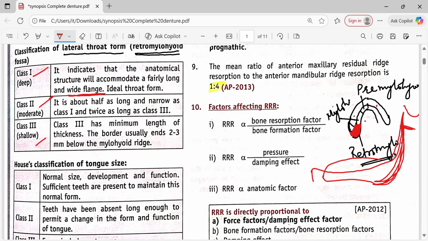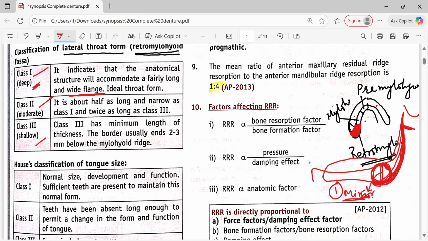So this muscle will produce a fossa of this retromylohyoid form, that is the lateral throat form. Now how much is the depth of this retromylohyoid fossa? It can be determined by your mouth mirror. You insert your mouth mirror. If it is completely inserted, then it can be called type 1 or class 1. That is, it is very deep.